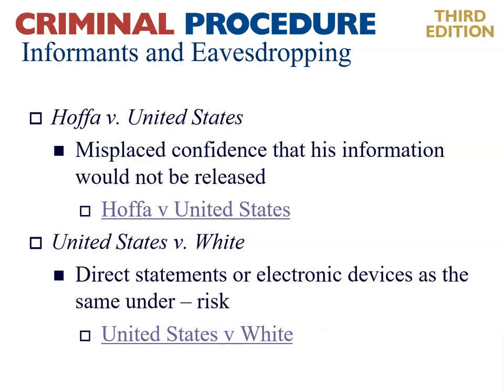And the United States versus White case, again, talks about direct statements or electronic devices as the same under that risk, meaning that you are basically going to assume the risk. So a little bit more if you're interested, and then we'll probably break this into two different lectures.